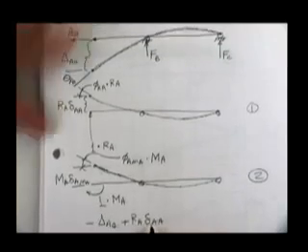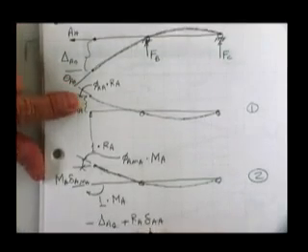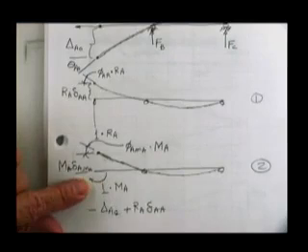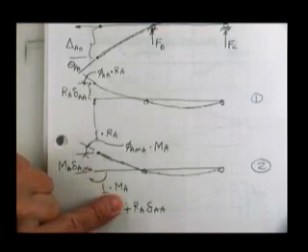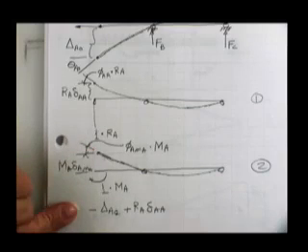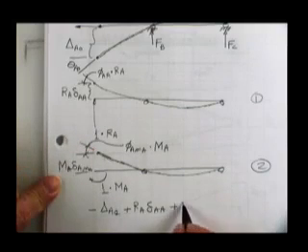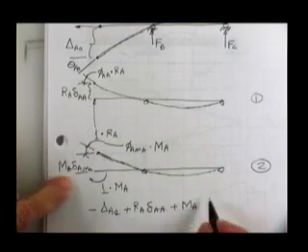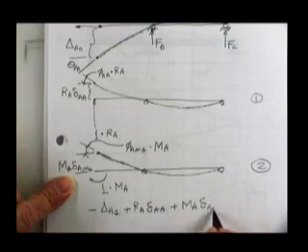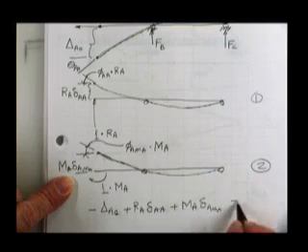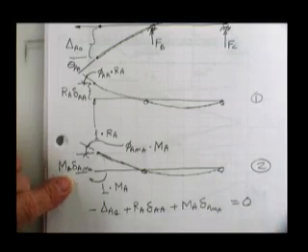Plus R sub A delta sub AA, that makes a part of your deflection go away. Cranking on this thing with the 1 times m sub A made some more of your deflection go away. Plus m sub A delta at A due to the moment at A is equal to 0.